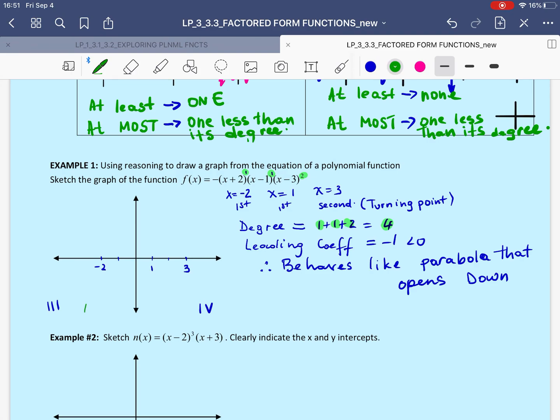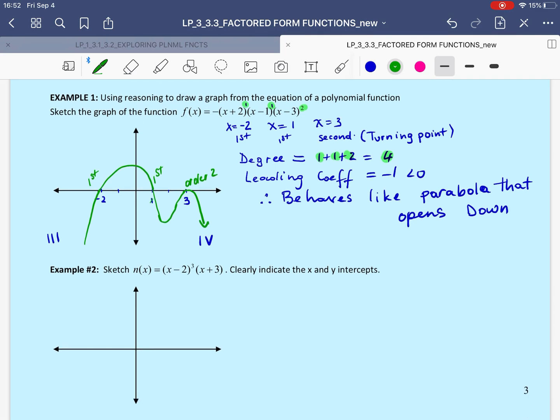Since we're starting from quadrant 3, it means that we are hitting negative 2 here. We need to go back to positive 1. That's a first order, so I can cross this. And I must make a turn to meet with the next x-intercept at 3. But because this is an order 2, I must make a turn right at the x-intercept, because that's an order 2 root. That's first order, and that's a first order. But x equals 3 is a second order.